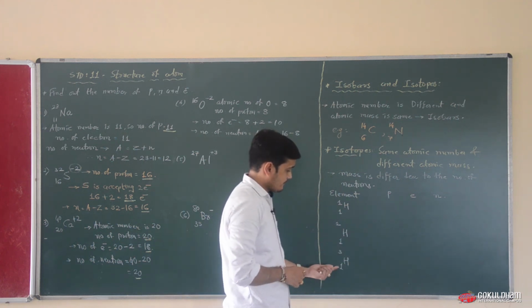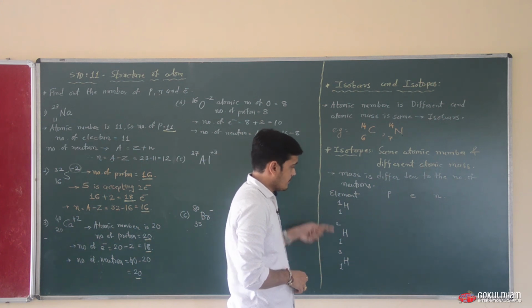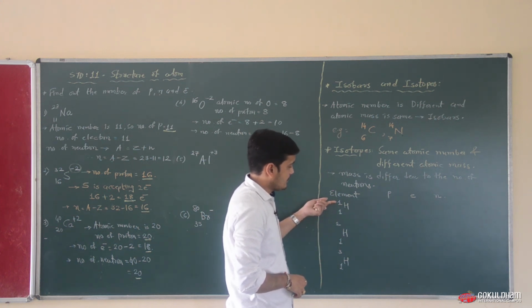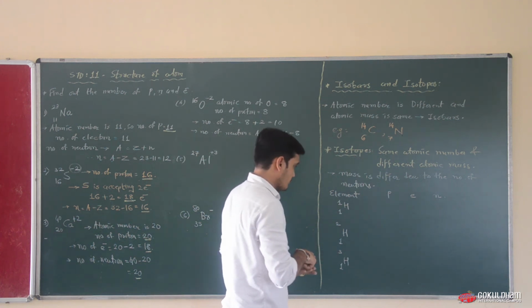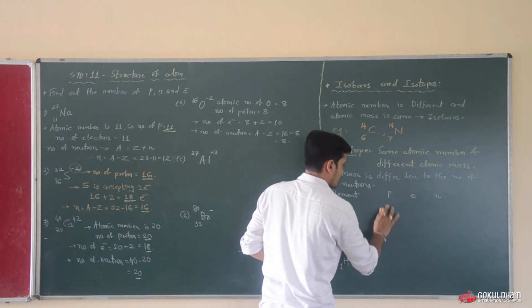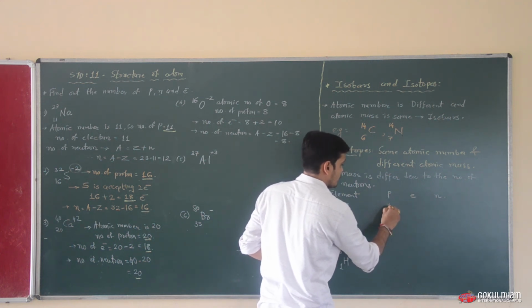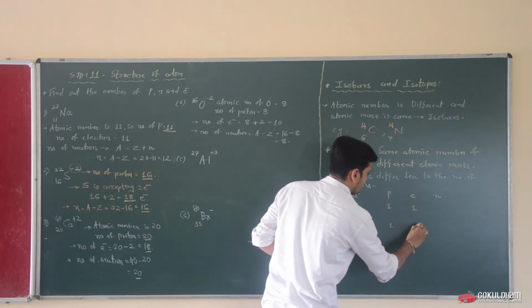So you can see the atomic number is same, but the atomic mass is different. Here is 1, here is 2 and here is 3. So what is the difference? Proton and electron both are same in every case.